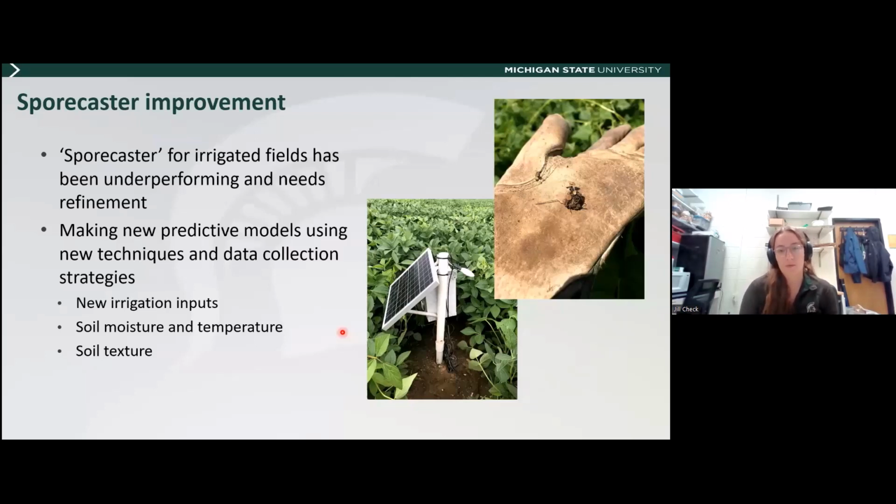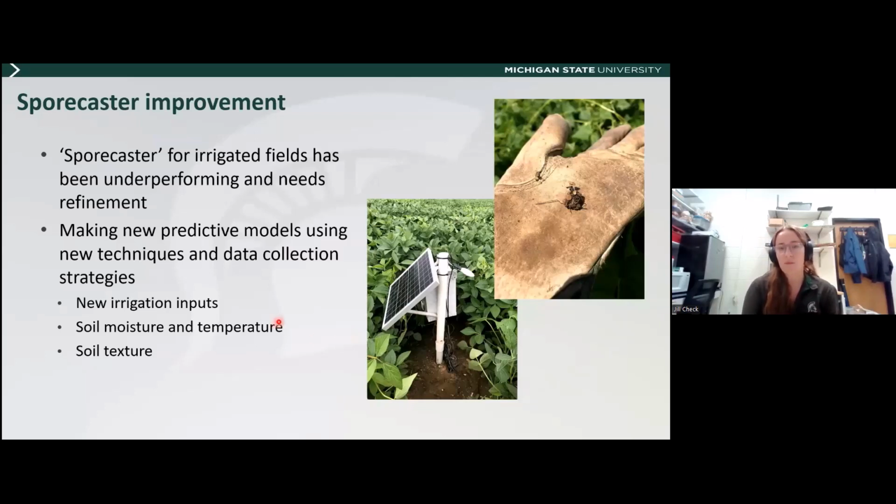So how I am approaching this is I'm using new statistical techniques that I won't really get into, but I think a really big difference will be in this round of model development. We're using data we are collecting on site to capture the effects of irrigation on apothecial development.